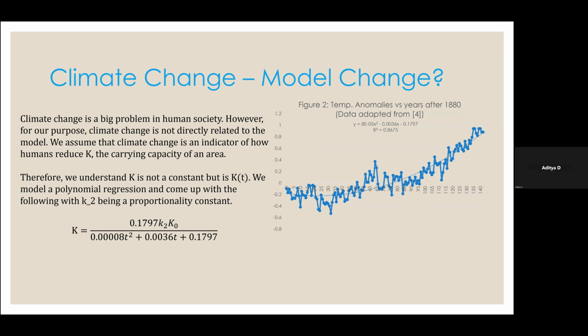Another factor which we incorporated into the model a bit later is climate change. We've assumed that climate change, while not directly related to the model, does impact the carrying capacity K of an area, which plays an important role in the logistic growth model. Using simple polynomial regression, we came up with a time-dependent equation for K, which is shown below.